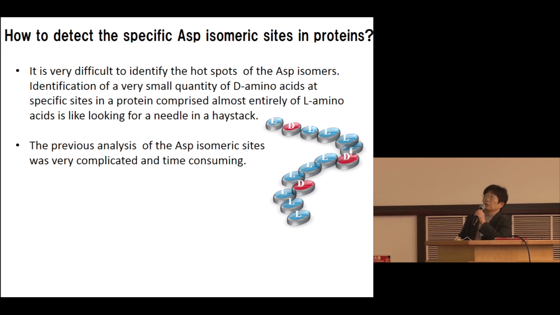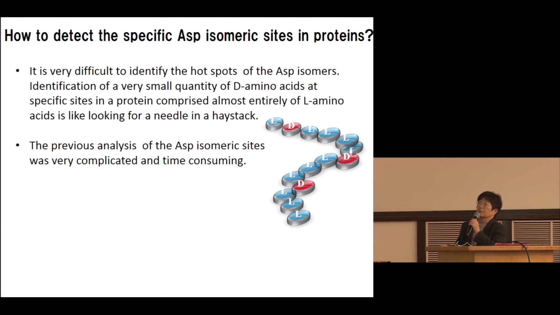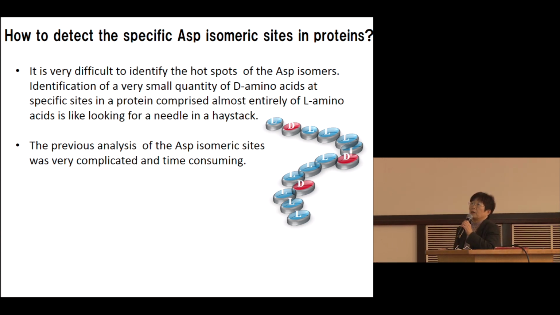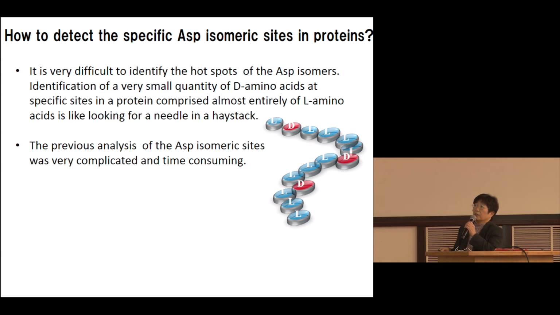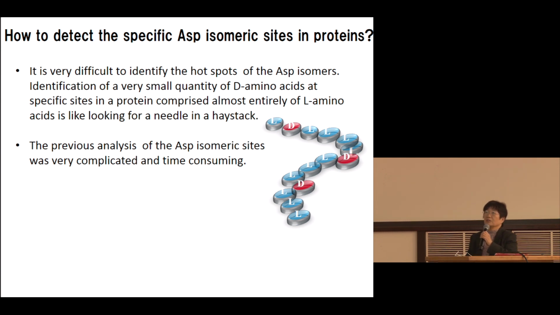So how to detect the specific Asp isomeric sites in the proteins? It is very difficult to identify the hot spots of Asp isomers. Identification of a very small quantity of D amino acids at specific sites in a protein comprised almost entirely of L amino acids is like looking for a needle in a haystack.